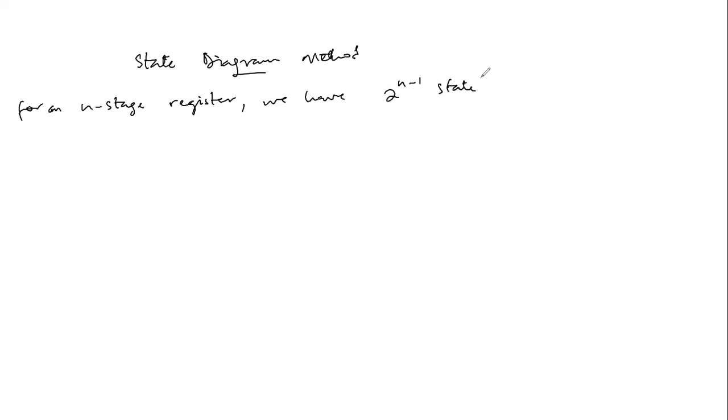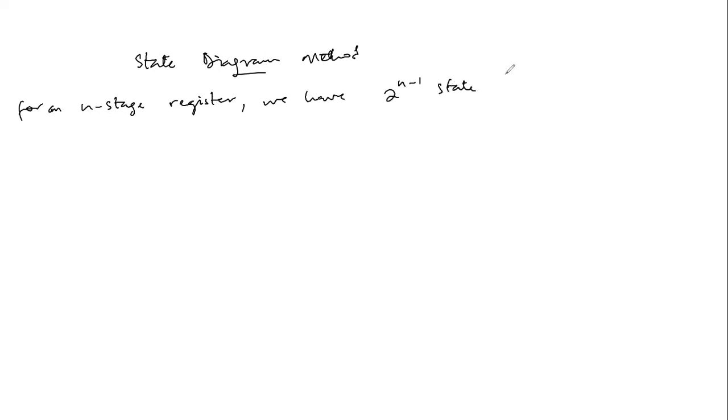State diagram method. Now, generally, for an n-stage register, we have 2 to the power of n minus 1 states.